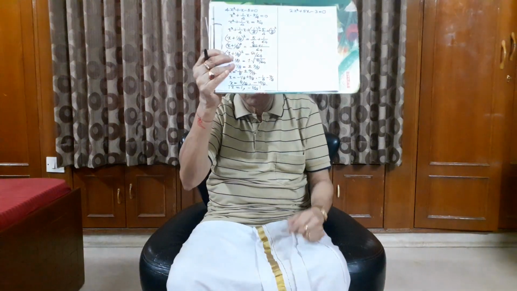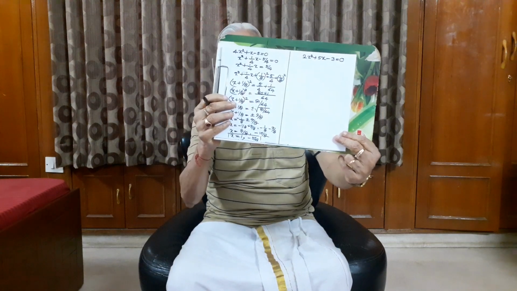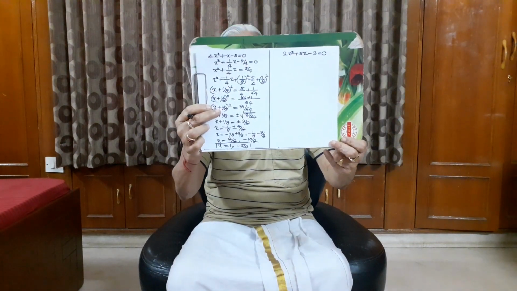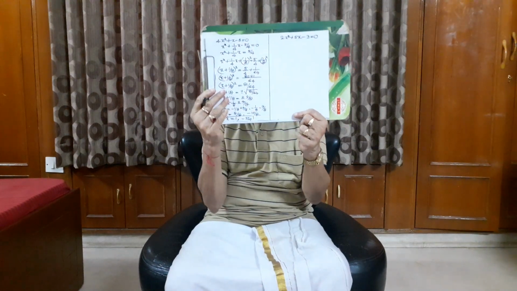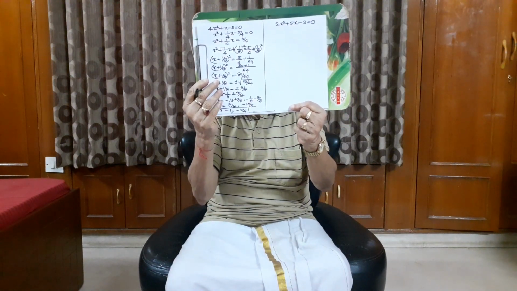So 1 and minus 5/4 are the two roots of the equation. I hope you understood this one. Here, plus 1 minus 9 and plus 1: one comes out plus, the other comes out minus. You know that one.